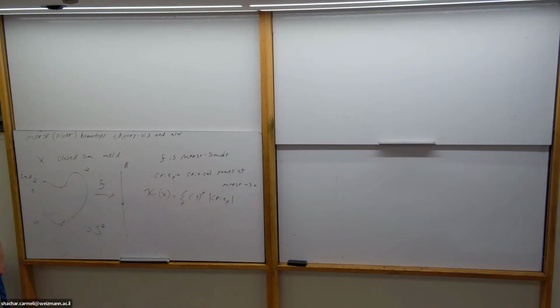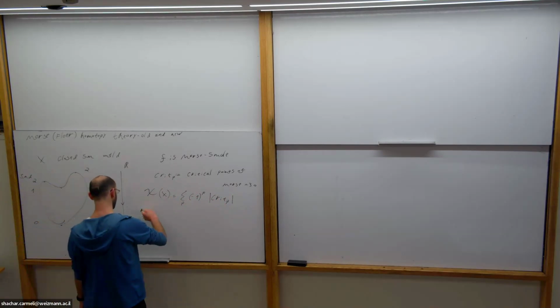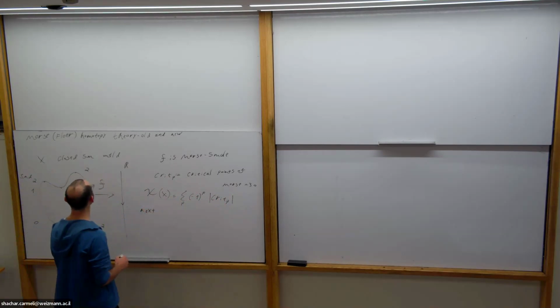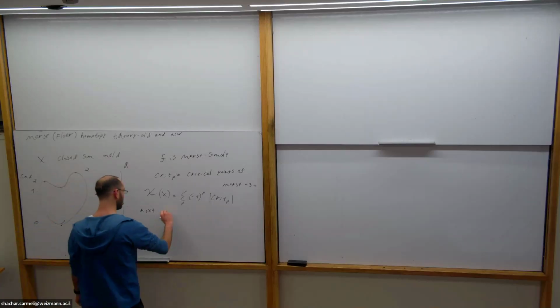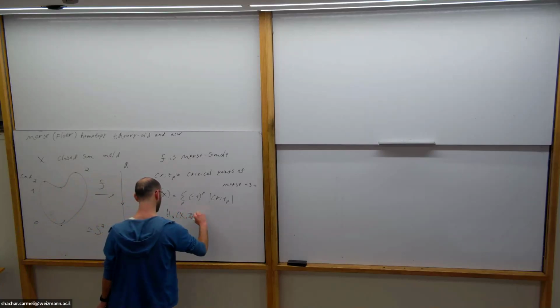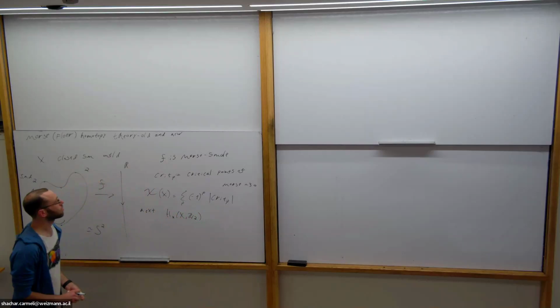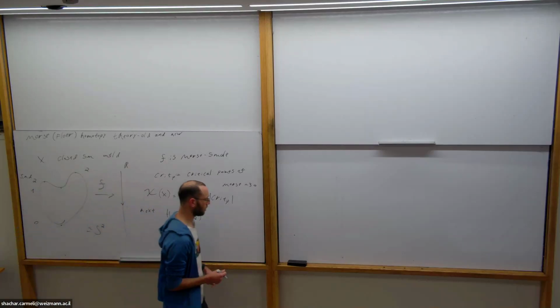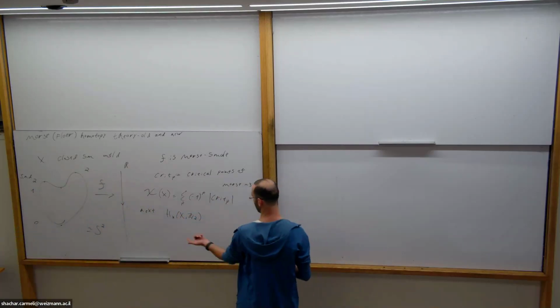So the next thing that we want to try to do is to calculate the homology of X. We'll do the baby case of the homology with coefficients in Z_2. So I can easily describe to you the chain complex that will calculate this.